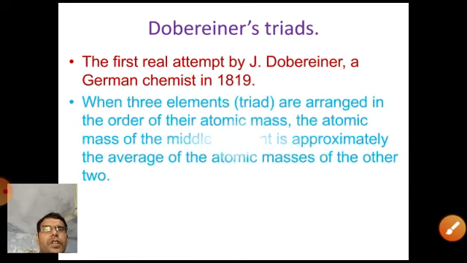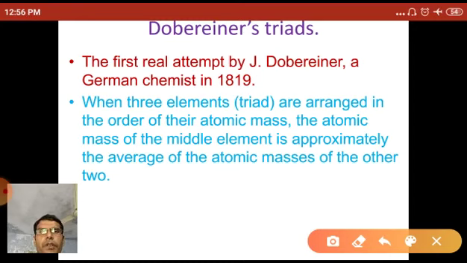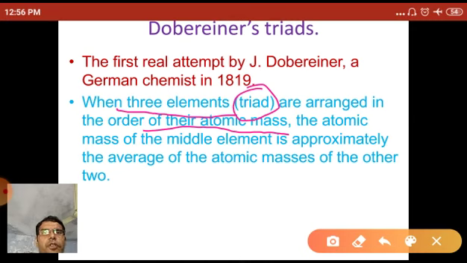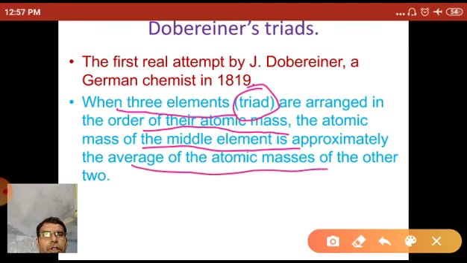Now here is Dobereiner's triads law: when three elements are arranged in the order of atomic masses, the atomic mass of the middle element is approximately the average of the atomic masses of the other two elements.